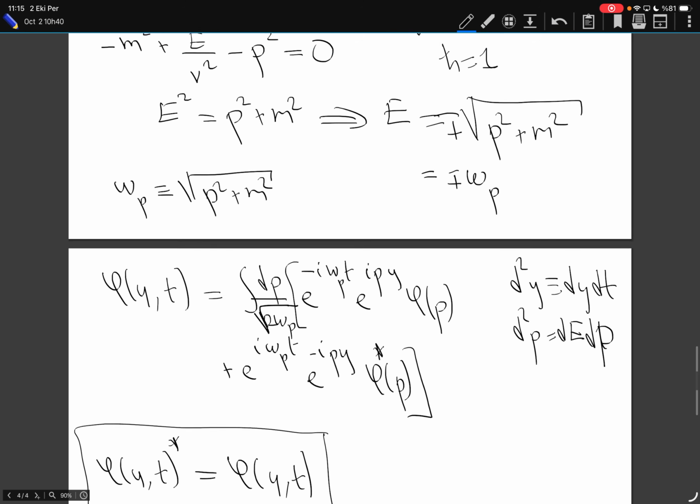So I can just take these factors of 1 over square root of 2 omega p and redefine my phi p's by changing their normalization, getting rid of that factor. We will see later on why usually they are kept there.